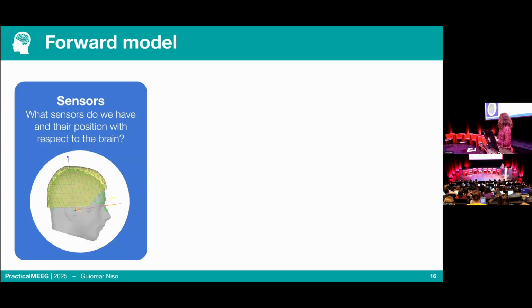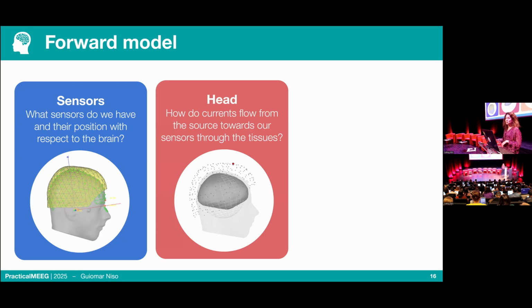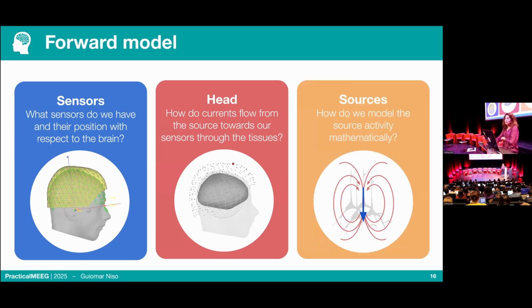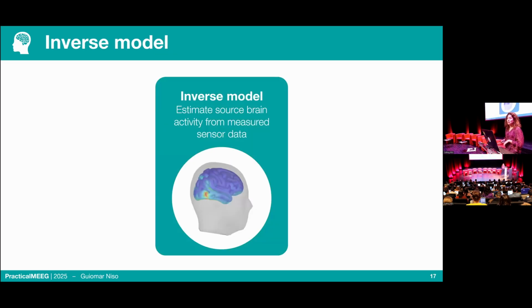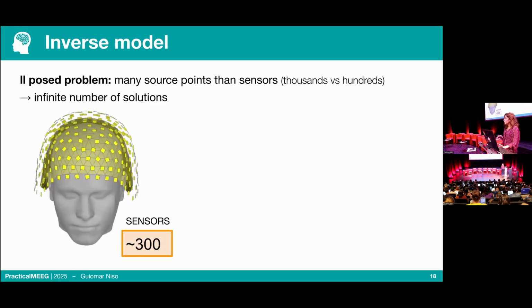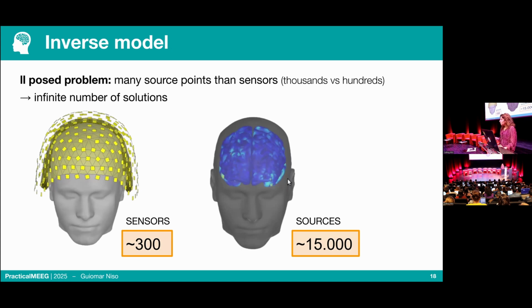So we've been reviewing sensor information, head information, and the source model that we are going to use. Now we are ready to solve the inverse model. We want to estimate the source brain activity from the measured sensor data. As we were saying, this is not an easy problem because we have approximately 300 MEG sensors, and we want to estimate 15,000 source activities, so two orders of magnitude bigger.